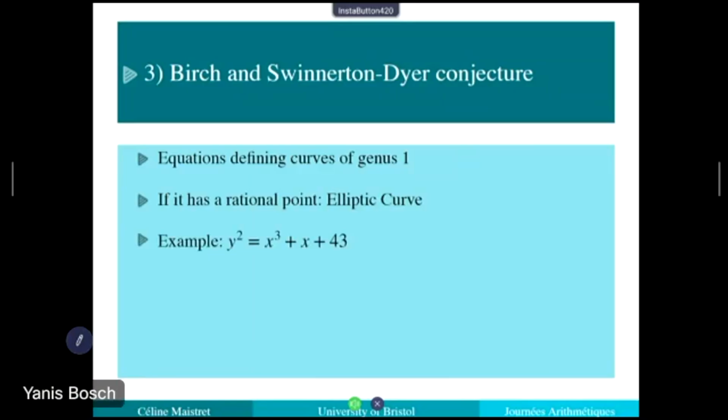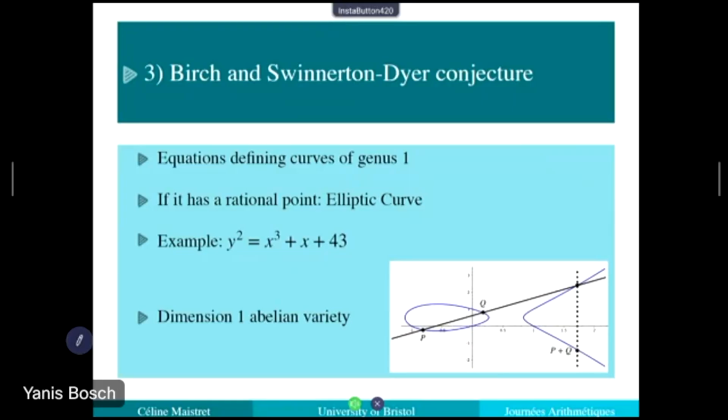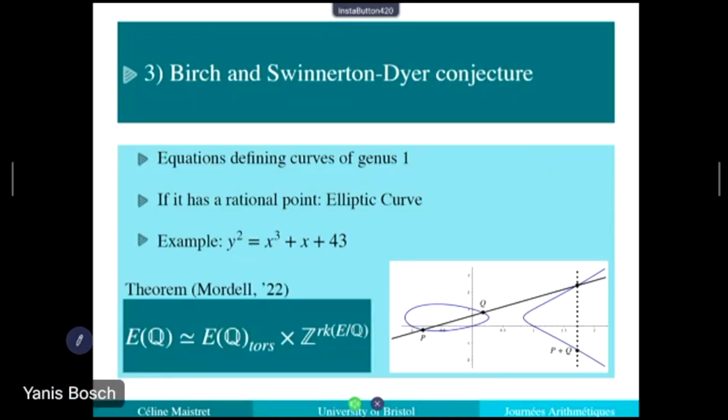Because you have this rational point, you have what's called a dimension 1 abelian variety. This elliptic curve, equipped with this rational point, has a group structure on its set of rational points. And of course, we are going to exploit this structure to understand all the points. And this is doable thanks to a theorem of Mordell, which tells you that the set of rational points is not only a group, not only an abelian group, but it's a finitely generated abelian group.